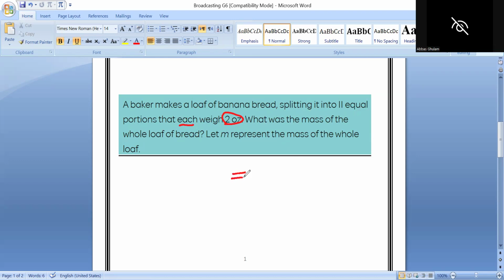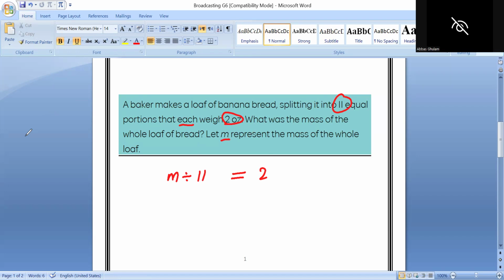First of all, write the sign of the equal. How much does he want each equal portion to be? 2 ounces. So I write here 2 ounces. What was the mass of the whole bread if m? So m is basically our variable. So how many equal portions? 11. So we will divide into 11 equal parts.